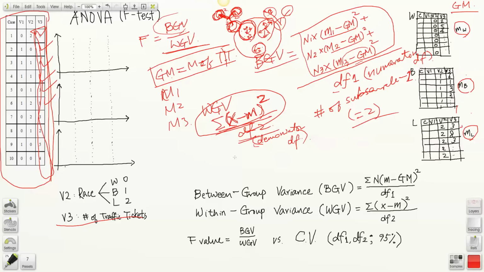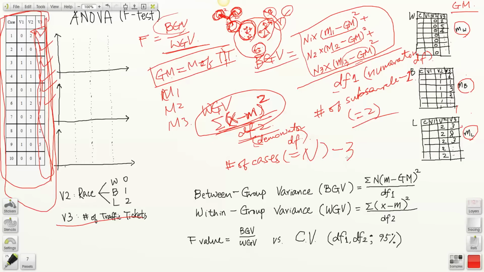freedom. What is the degree of freedom for within group variance? That's just the sample size, number of cases in the original sample, which is actually the big N, the sample size, minus what?